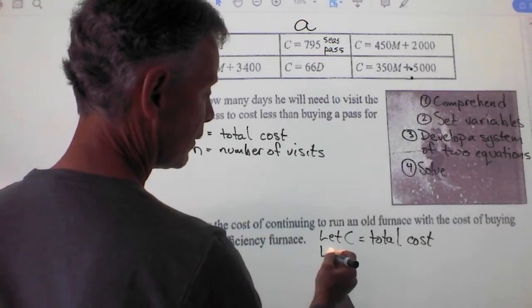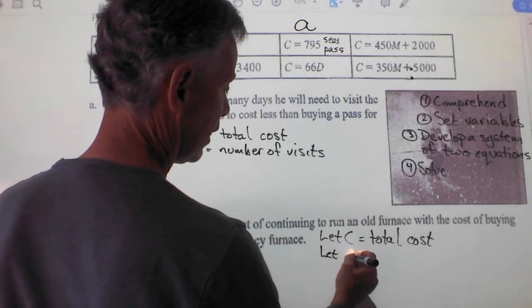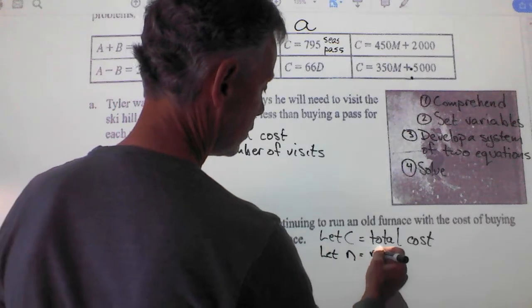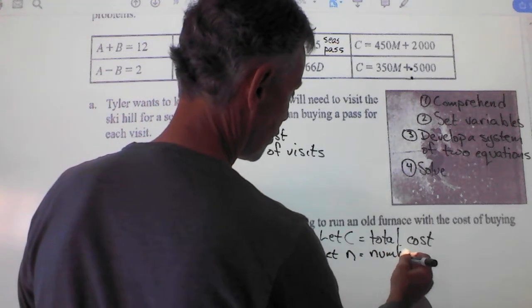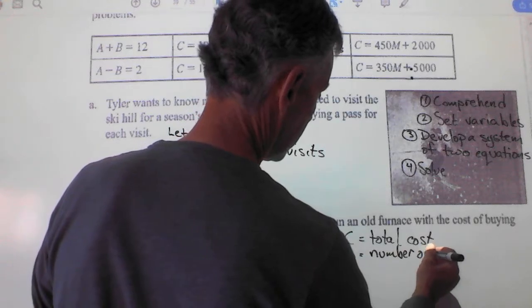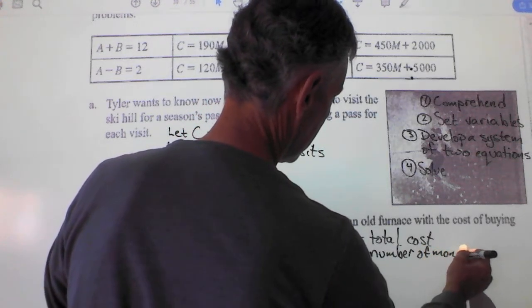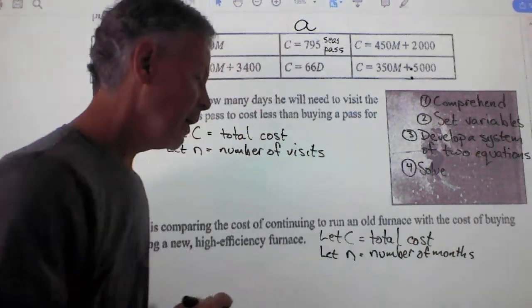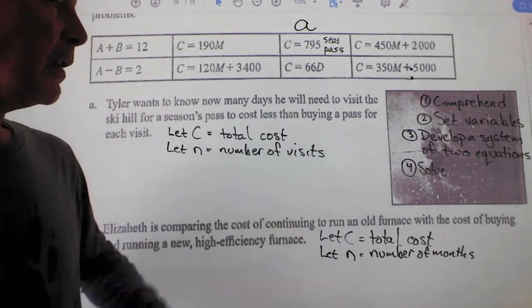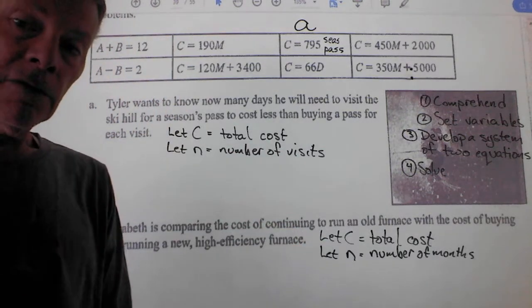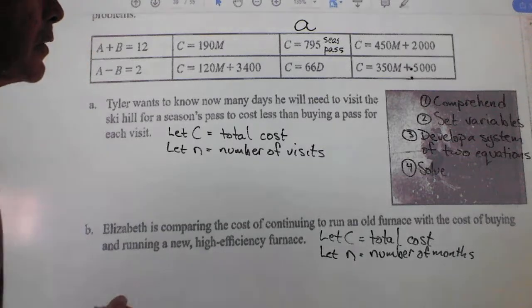So we're going to have another variable, and again, we'll just call it N, number of months. Using these two things, you can then figure out which system of equations applies.